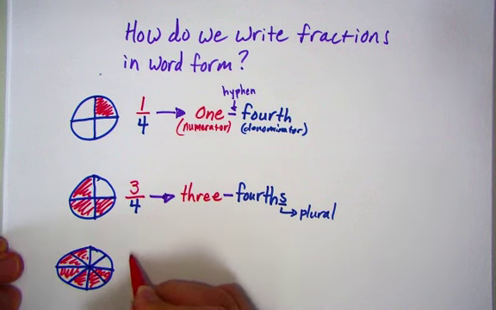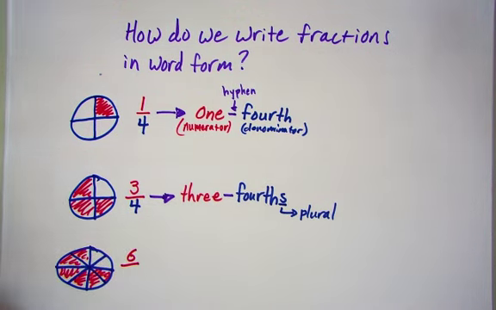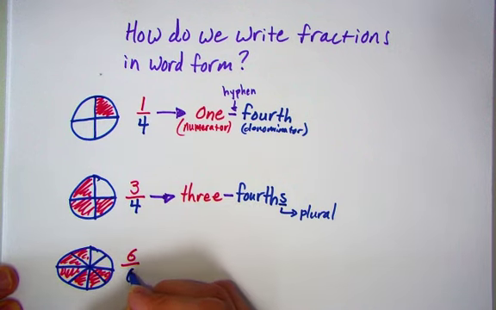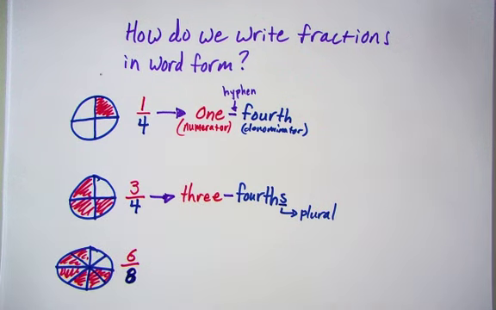And let's go ahead and write the fraction. 6. What's the denominator going to be? I actually just told you, but you can guess it right now. And it is 8, because we have 8 equal parts total.